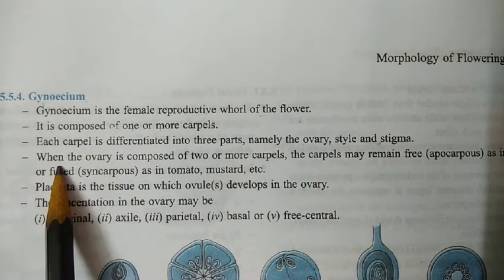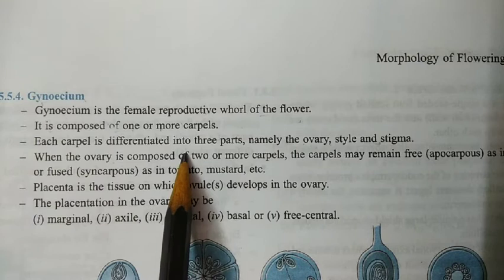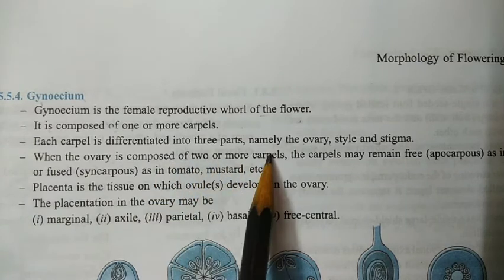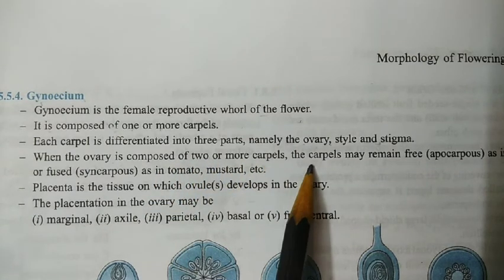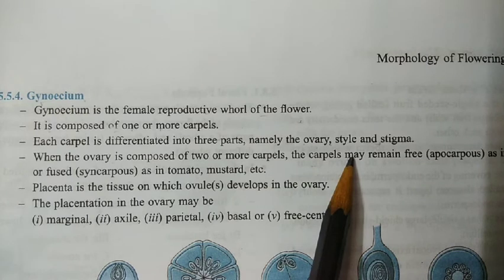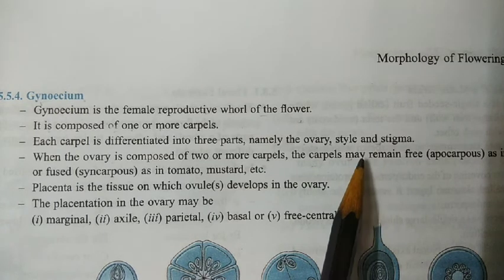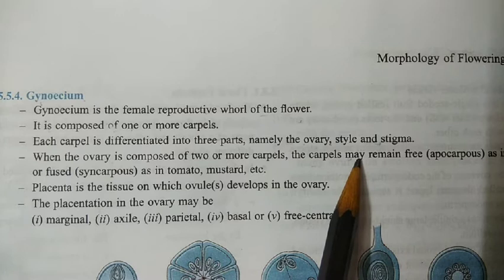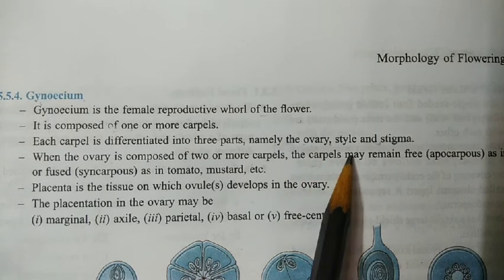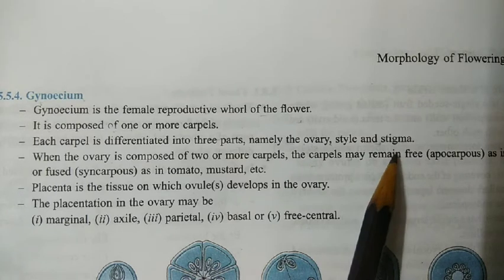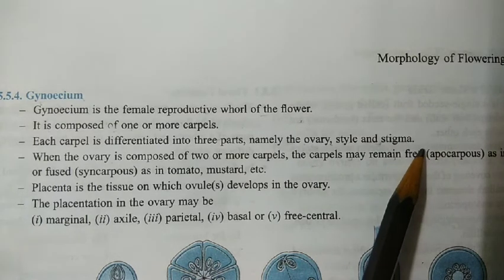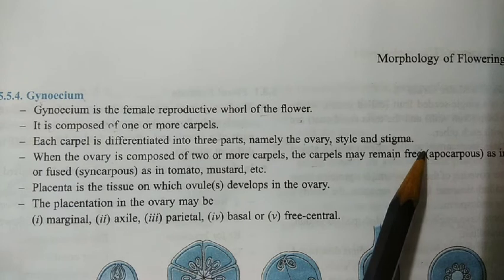When the ovary is composed of two or more carpels, the carpels may be free or fused. If the carpels are free, then this condition is known as apocarpous.